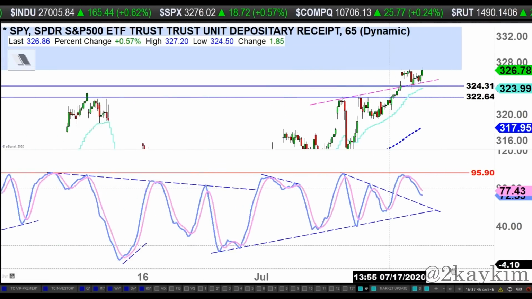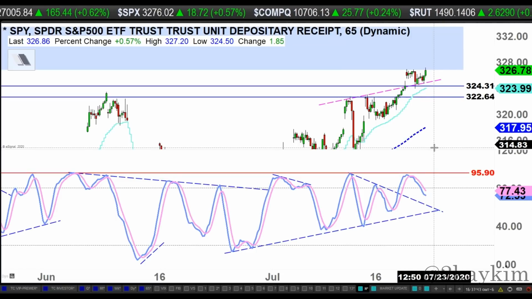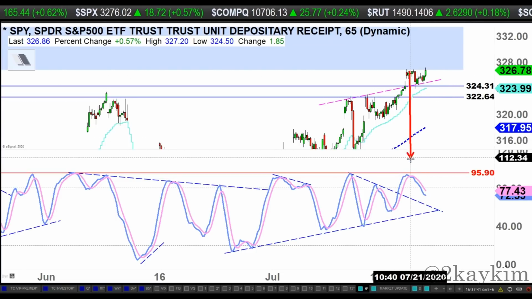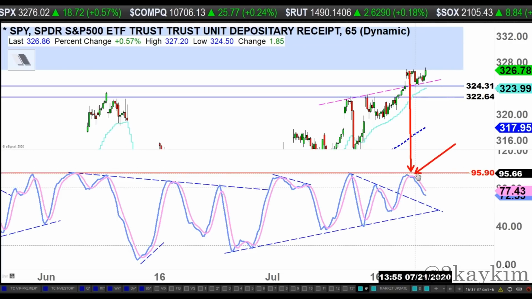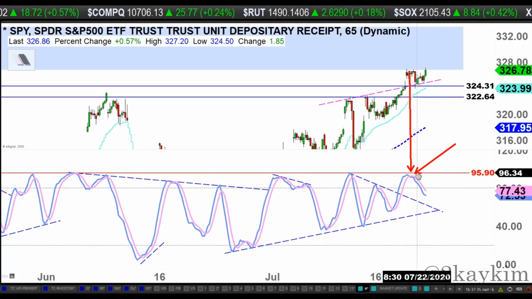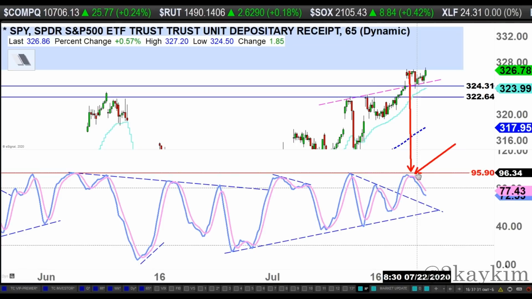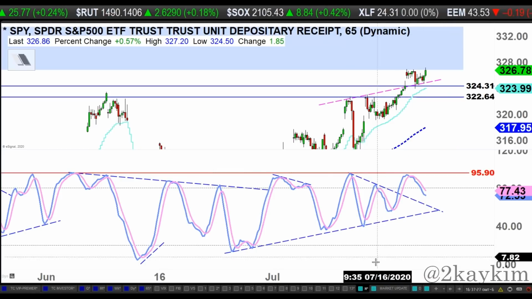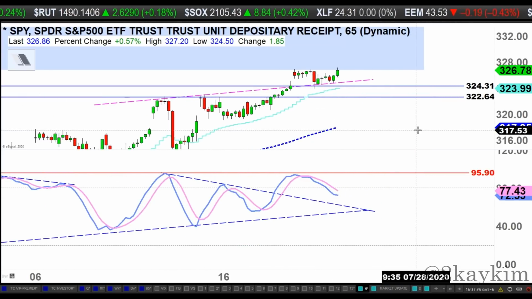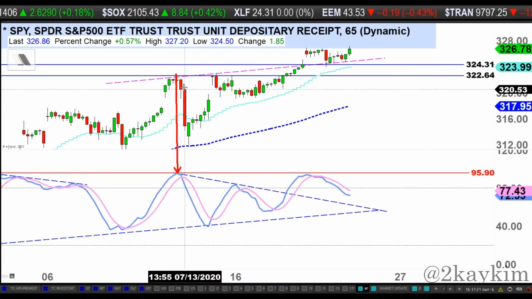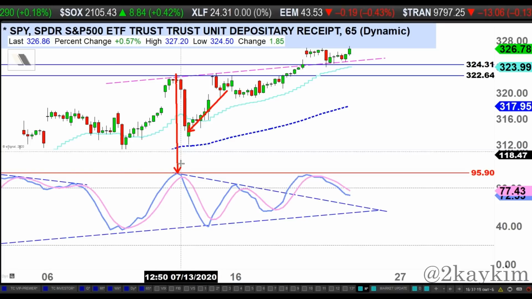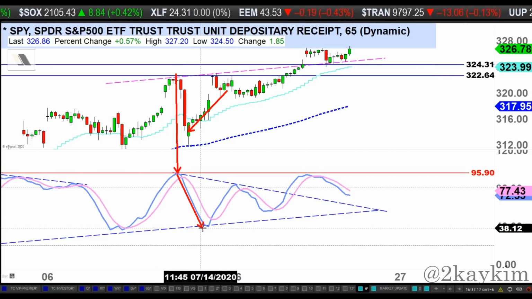Let's look at the oscillator here real quick. So we talked about yesterday how bulls were getting tired, right? And we did see that oscillator curling down yesterday, but we have to remember the fact that price can correct through time or correct through price. There are times where price does correct through price, right? Right here, we got to overbought and then price came down and the oscillator came down and reset, right?